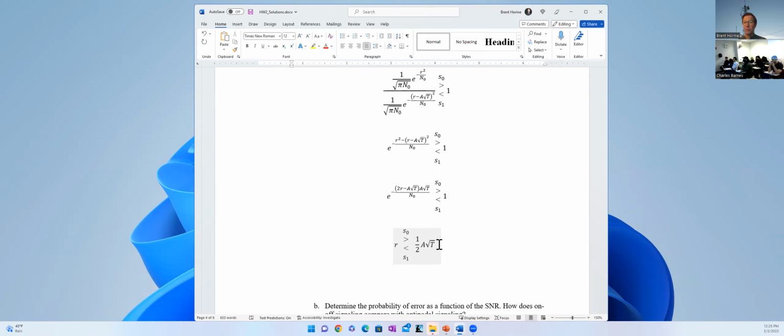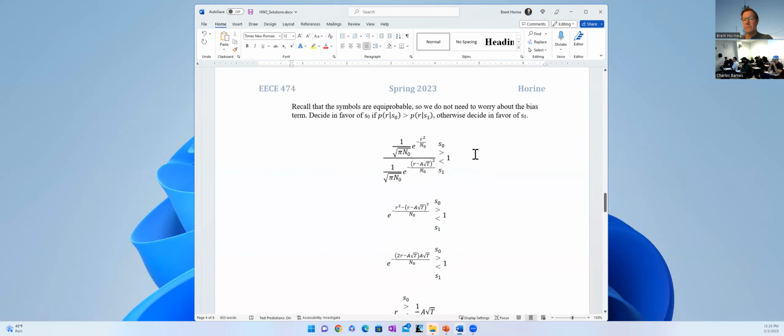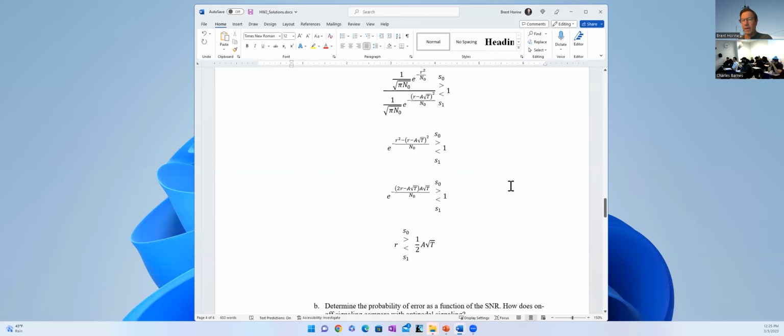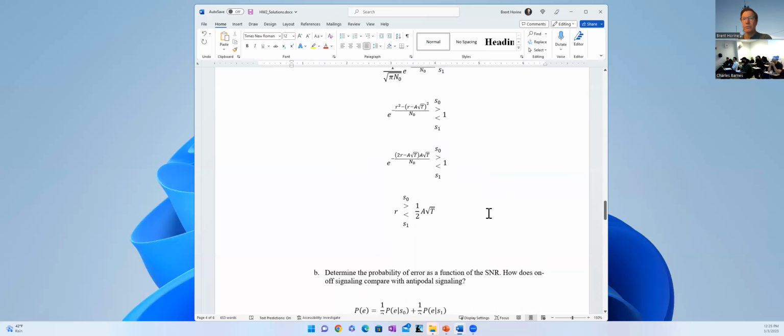And then you bisect that with a line that's normal to that connecting line. And bisecting means you're halfway in between, right? So that's the 1/2 A times the square root of T. But this is fundamentally how you would derive that without that handy dandy rule.